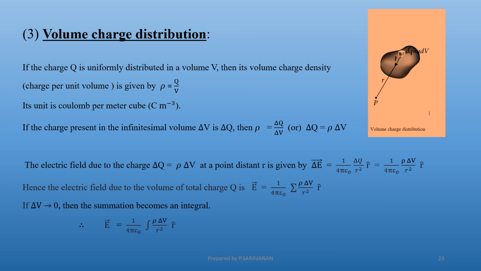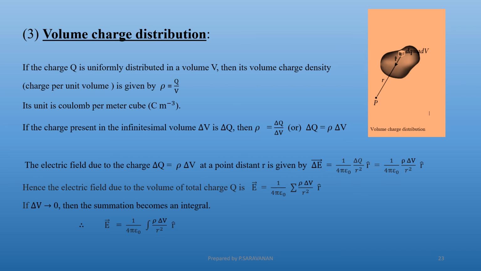So its unit is coulomb per meter cube. If the charge present in the infinitesimal volume delta V is delta Q, then rho is also equal to delta Q by delta V. By cross multiplying, we get delta Q is equal to rho times delta V.